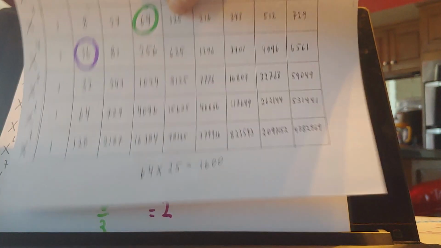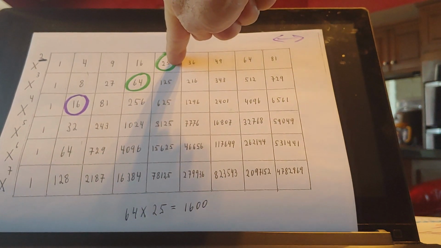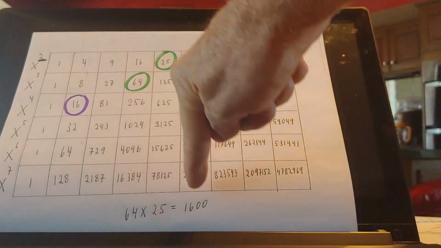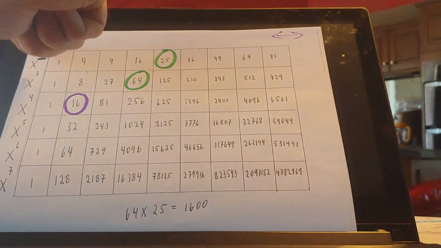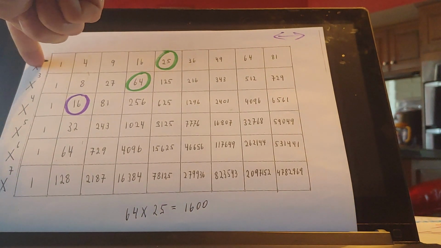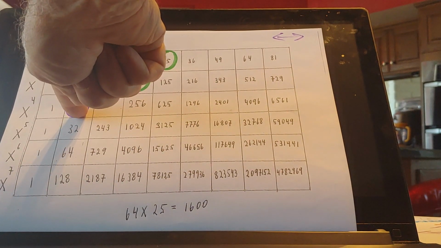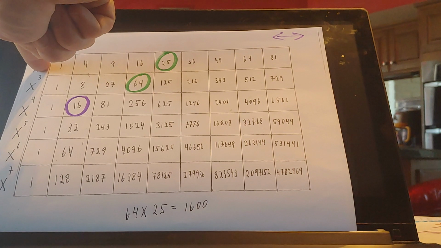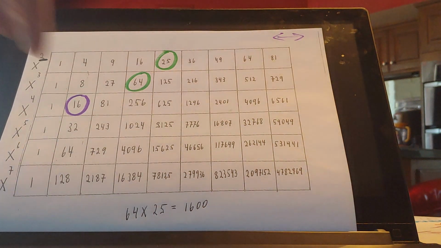Okay, now we're going to look at a couple, just some of these at the end. 64 times 25 is 1600. So 16 with 2 zeros. The zeros come from here, and the 16 comes from here. So the coefficient comes over here, but the exponent comes from here. So it's 16 with 2 zeros.